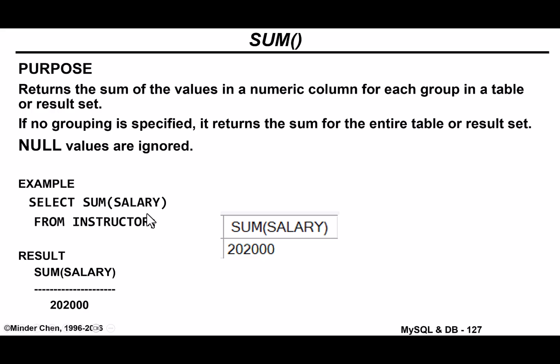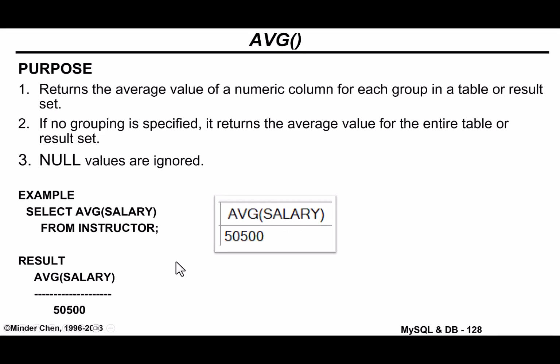Sum is added up. So if you say select sum salary from instructor, this will return the total salary you pay to instructors, the annual total salary, which is your salary expense, then you can use this to calculate. You can calculate average. So this will be the average salary for instructor.